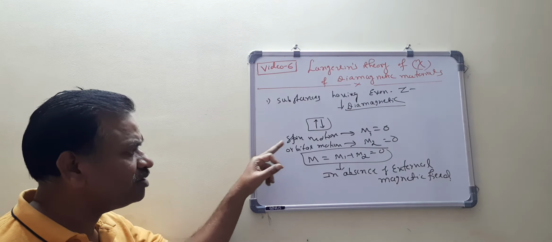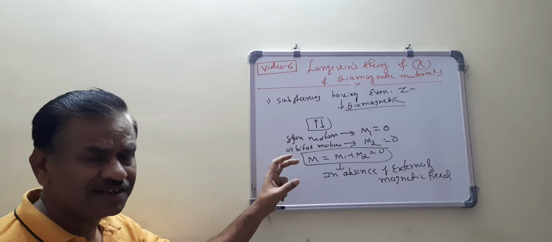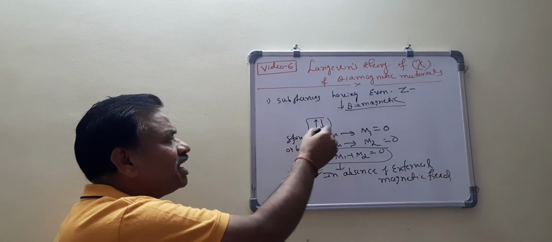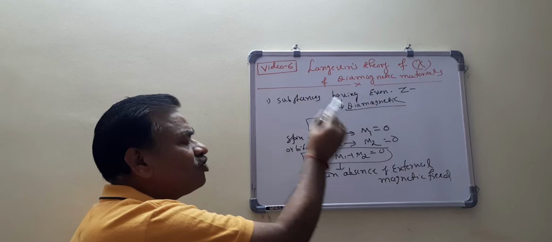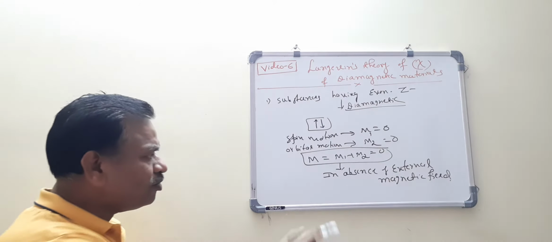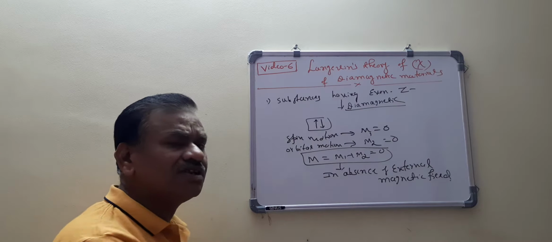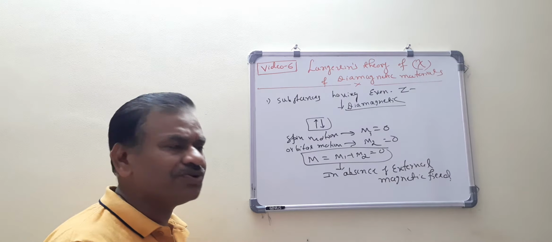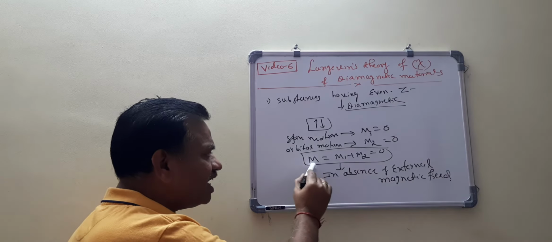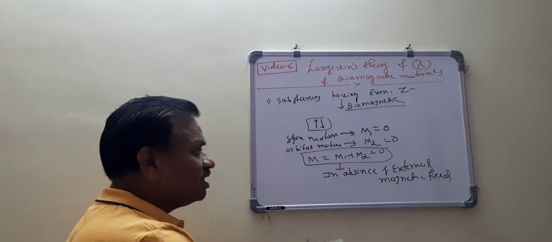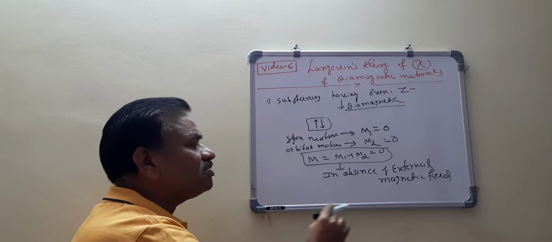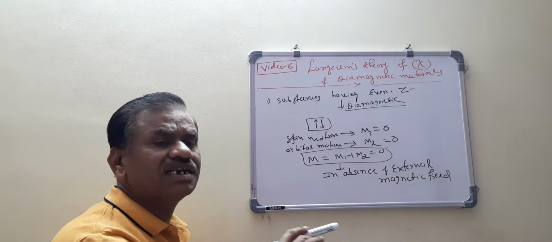As I told you, in spin motion electron pairing is there, one spin up and one spin down, so the net spin angular momentum equals 0, and the magnetic moment contribution is also 0. The orbital motion value is also very close to 0, that's why I am writing m2 equal to 0. Net m equals 0. This is the situation in the absence of an external magnetic field.